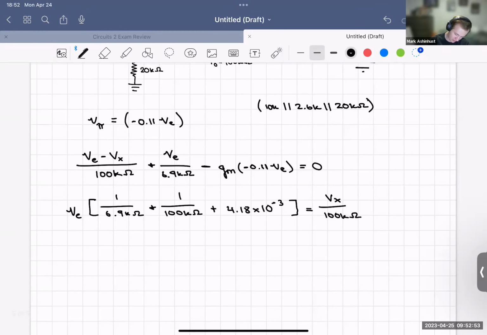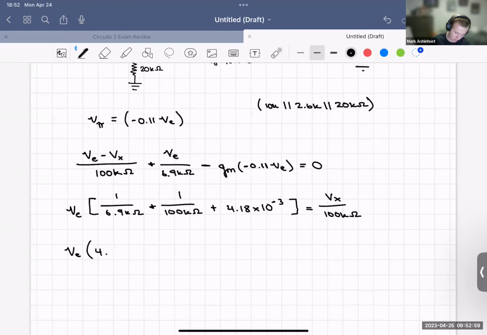More algebra, we'll get VE equals VE times 4.3 times 10 to the negative 3. Lots of algebra with this part. And this stuff was Vx over 100K. As I said, the full algebra will be on my paper that I'll post with this video. We shouldn't spend 40 minutes just on the algebra part.